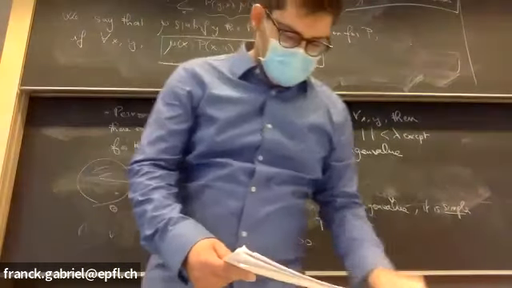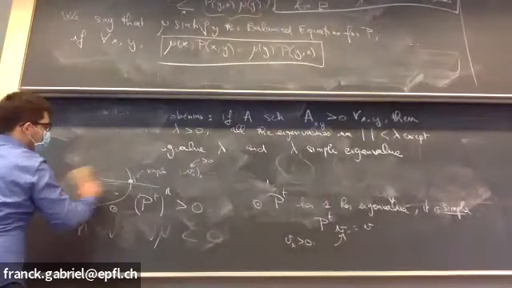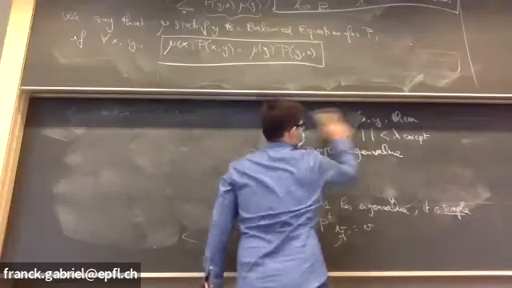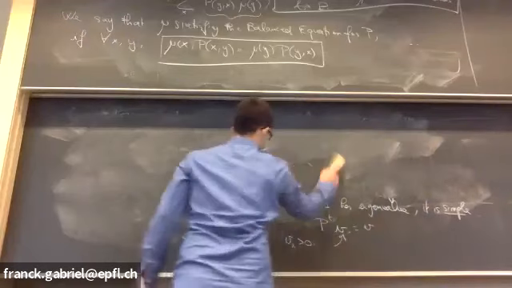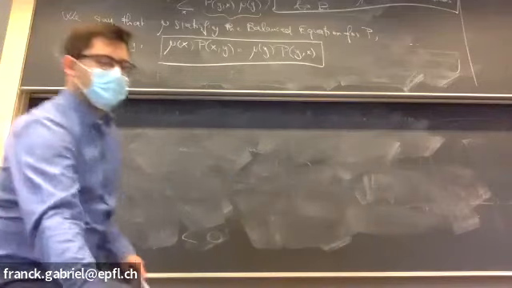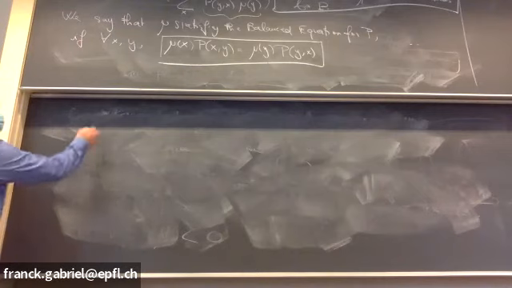So let me give you a hint. Again, I don't want to spend too much time on that. I think the diagrammatic expansion is way more important. But so we need to check that.